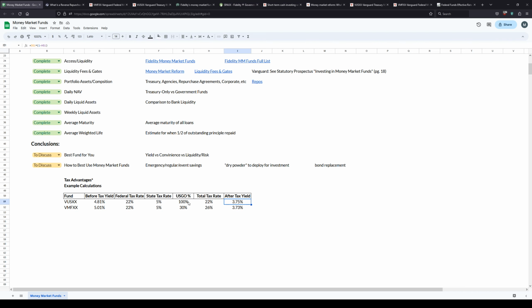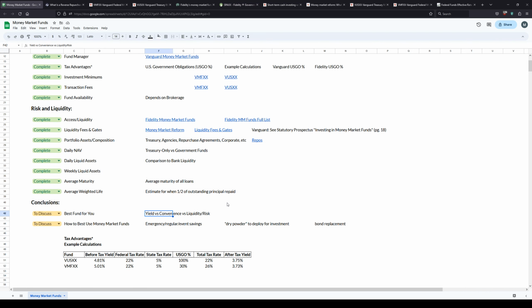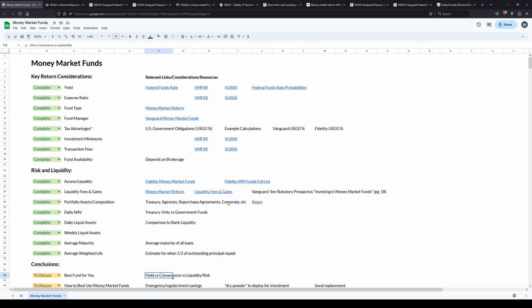Now, let's say you're in the position where you don't have an account with Vanguard, but you don't really want to go through the hassle of creating one, then you'll have to reassess, using the tools that we've gone through here, how to find the best fund for you that is available within your brokerage and the options they provide.